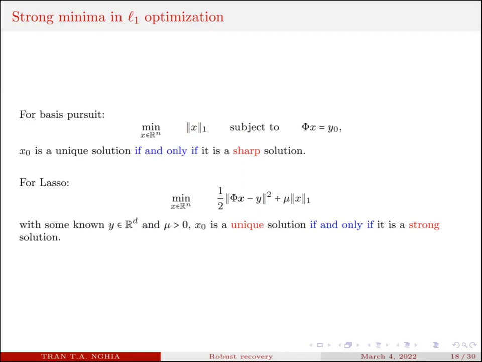It is also inside problems with a polyhedral norm, but not sharp, like this one for lasso. It is a unique solution if and only if it is a strong solution. Okay, and this information allows us to recover a lot of results long established by many other authors, but I will not discuss much about this one in this paper.